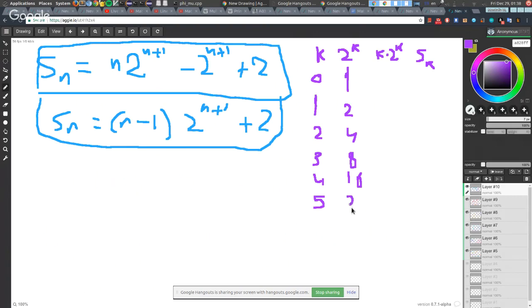Let's get another expression: k times 2 to the power k, this is 0, 2, 8, 24, 64, and this 160.